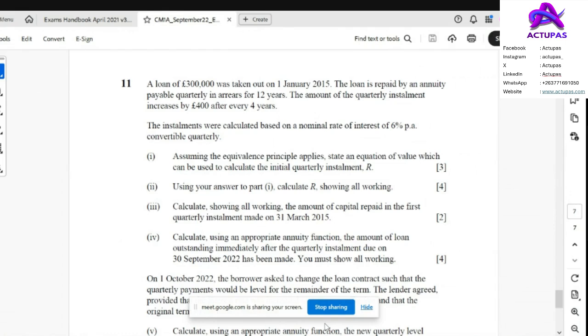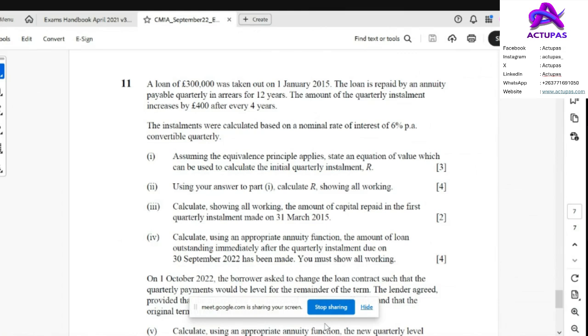The installments were calculated based on a nominal rate of interest of 6% per annum convertible quarterly. Assuming the equivalence principle applies, state an equation of value which can be used to calculate the initial quarterly installment.